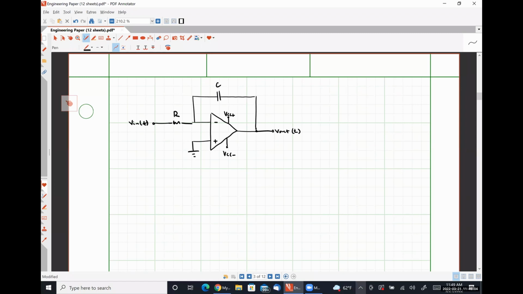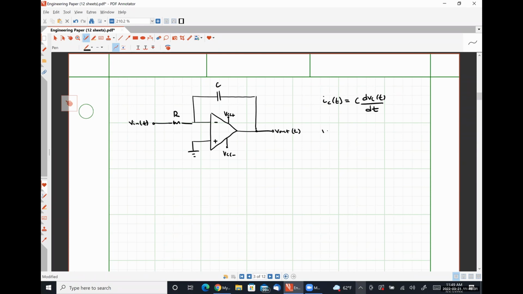Before we analyze this, and we're going to do it in effectively the exact same way that we have done all the other circuits, we do need to refresh ourselves on the current voltage relationship for a capacitor. Recall from circuits 1 that the current flowing through a capacitor, IC of t, can be expressed as C dV/dt.